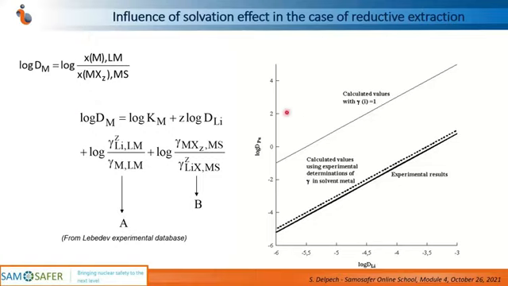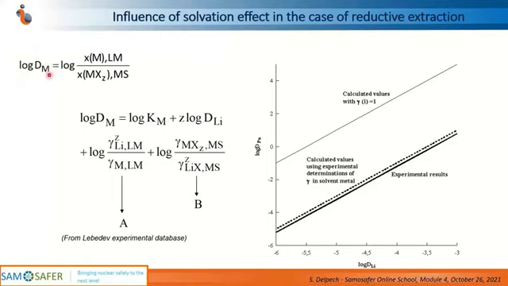That is a slide which came from the Oak Ridge National Laboratory. They did a lot of reductive extraction using bismuth, and they have determined by their experiments the logarithm of the distribution coefficient.